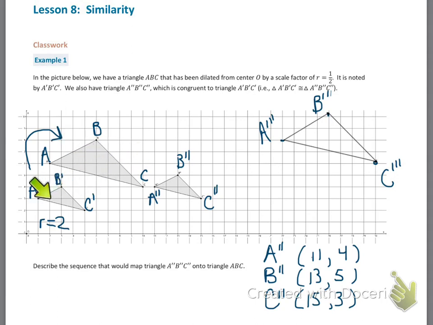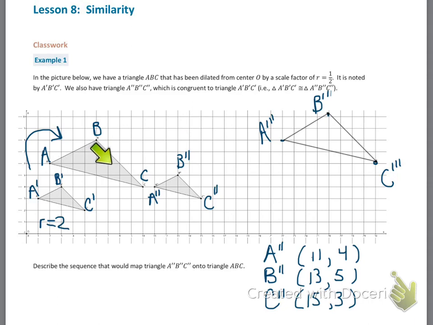Because I was told, I know the scale factor. But this one's way over here, so it isn't mapped onto ABC yet. So we have dilated by a scale factor of 2 using what we know about the coordinates, right? We just had to double the coordinates to get this dilation here. And you can see they look congruent here.